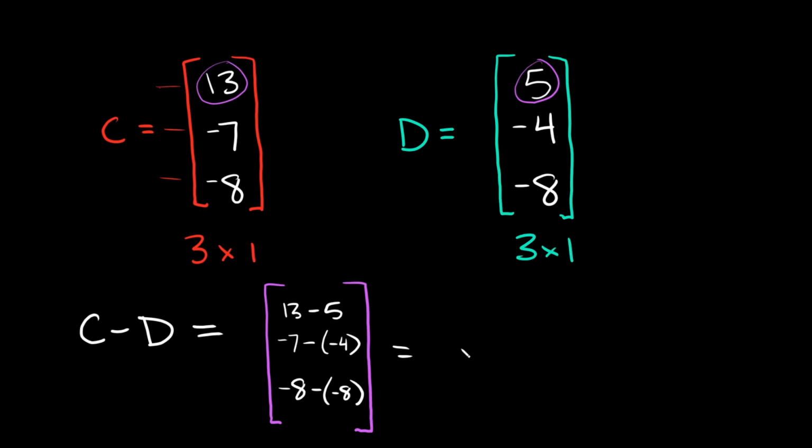Okay, now we can simplify this a little bit more. So here, 13 minus 5, that's equal to 8. And then -7 minus -4, that's the same thing as -7 plus 4, which is equal to -3. And -8 plus 8 is equal to 0, right? Okay, so C minus D would be this matrix right here.